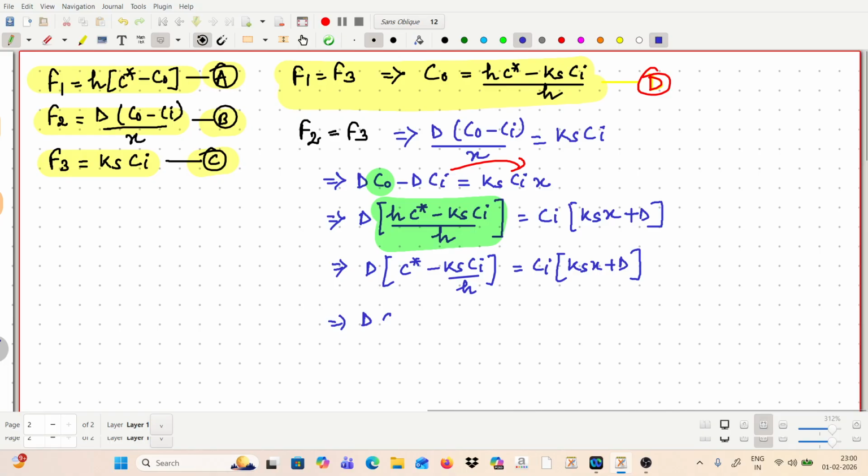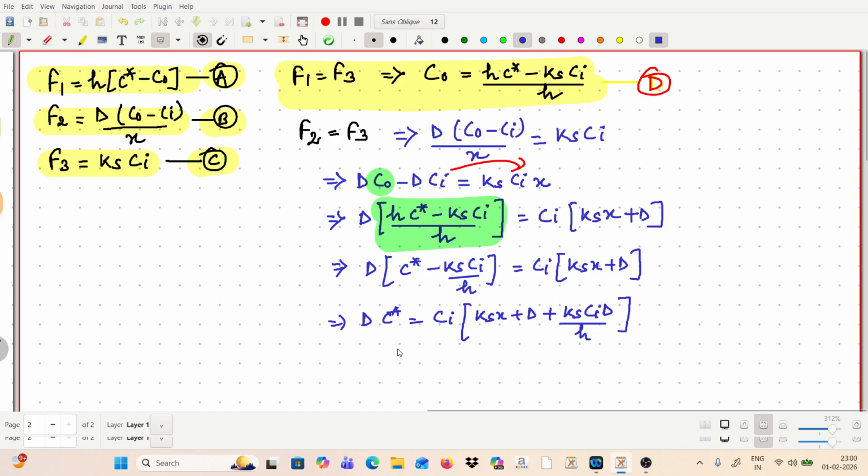Now D C star, and this term we will put in the left hand side. So KSX plus D plus KS CI D upon H. Just solution: D C star at the left hand side and D KS CI H in the right hand side.